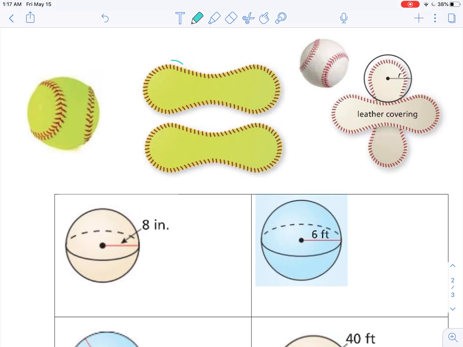But if you look, you kind of see four circles. And same thing over here. If we look at our leather covering of the baseball, we'll notice what looks like four circles.